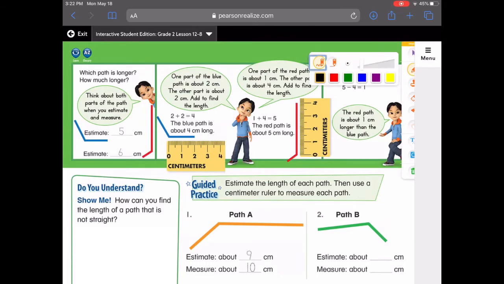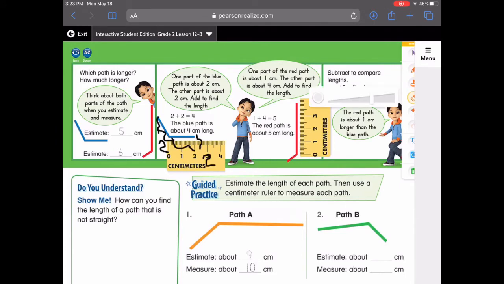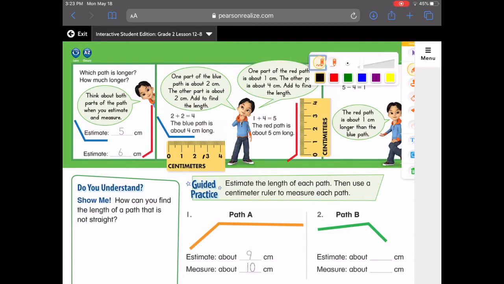So they said that this was about 2, and that side was about 2. And adding both legs together said it was about 4 centimeters. Now on the red path, this section here, that little tail, is only about 1 centimeter.